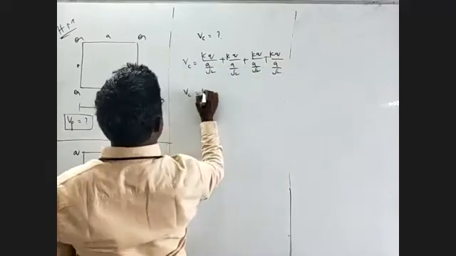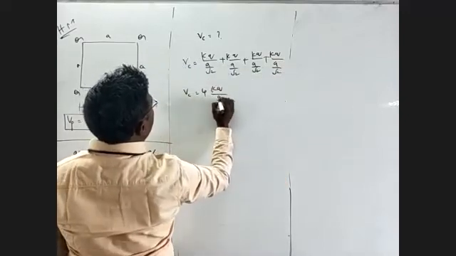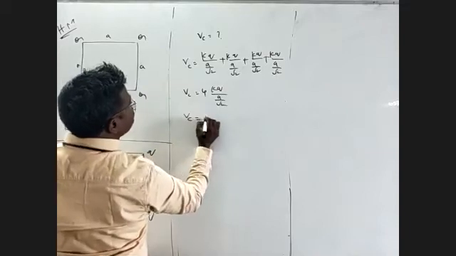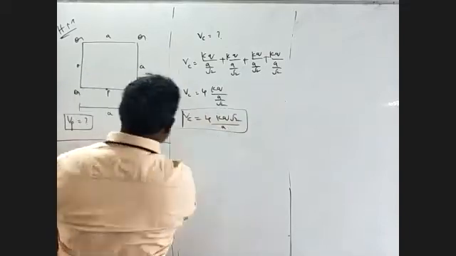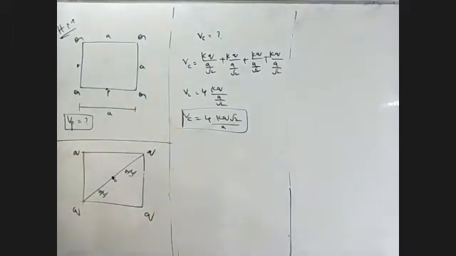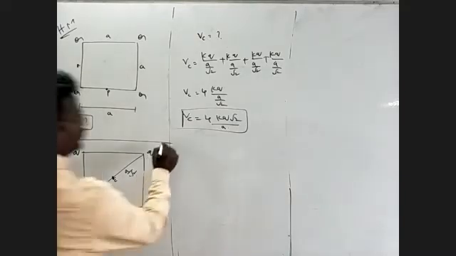So how many? 4 into K Q by A by root 2. VC is equal to 4 K Q root 2 by A. That is your answer.